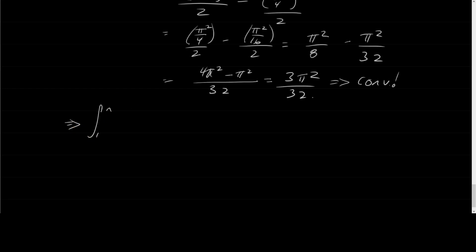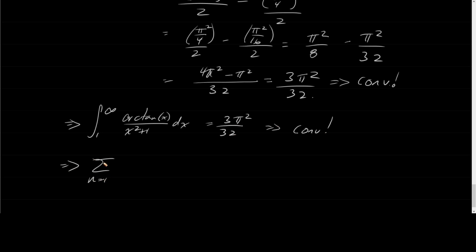We found that the integral from 1 to infinity of arctan of x over x squared plus 1 dx was 3 pi squared over 32, which implied convergent. That implies that the series from n equals 1 to infinity of arctan of n over n squared plus 1 converges by the integral test.